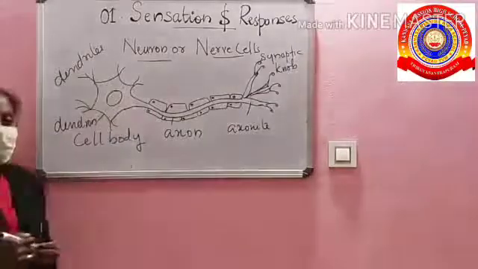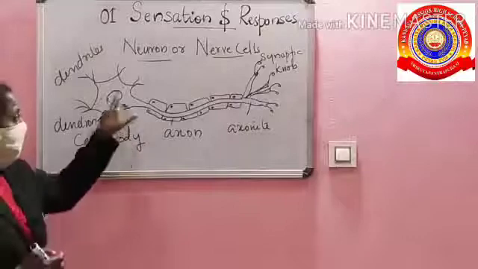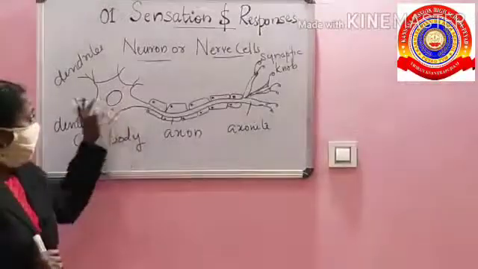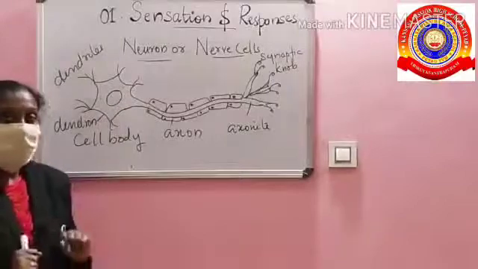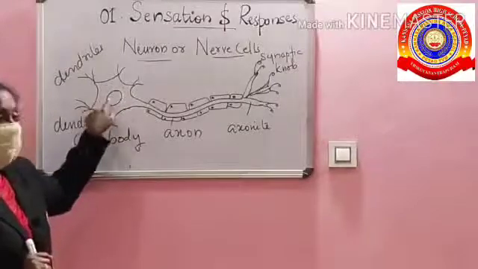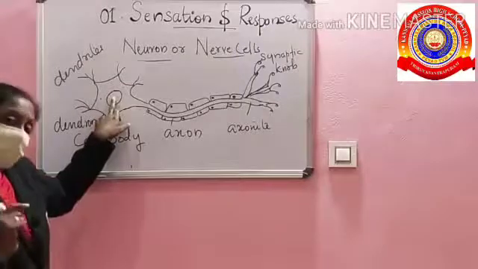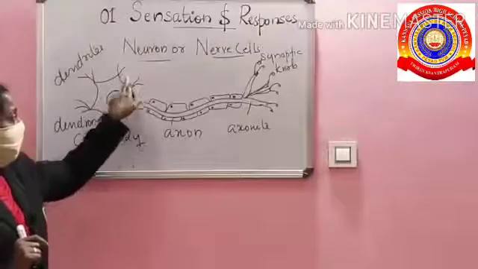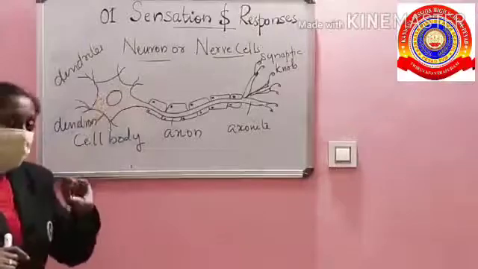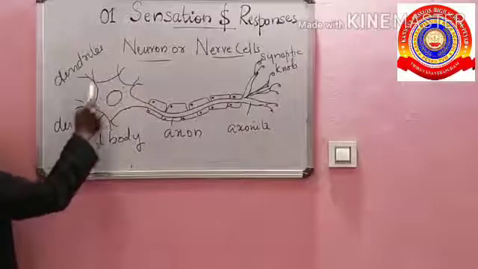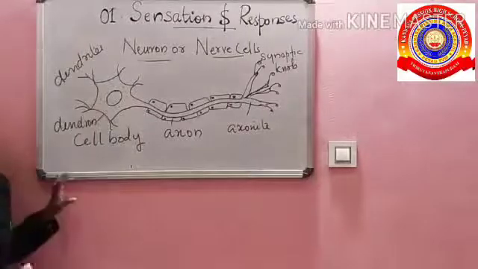Once again, the neuron contains a head part called cell body, which is covered by cell membrane. Inside it is filled with a fluid called cytoplasm. In the middle we can see the nucleus. At the tip of the cell body there is a small filament called dendron. Dendron contains branches called dendrites.